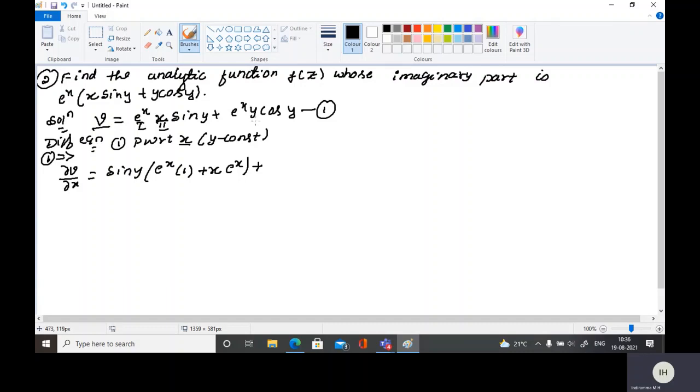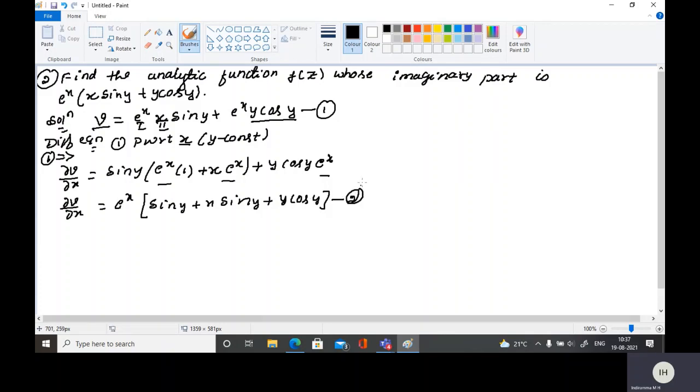Plus in the second term, y cos y is constant, and the differentiation of e^x is e^x only. So this is our ∂v/∂x. I will take e^x common. So what we are left with is (1 + x) sin y plus x sin y plus y cos y. So this is our ∂v/∂x. I will call this equation number 2.